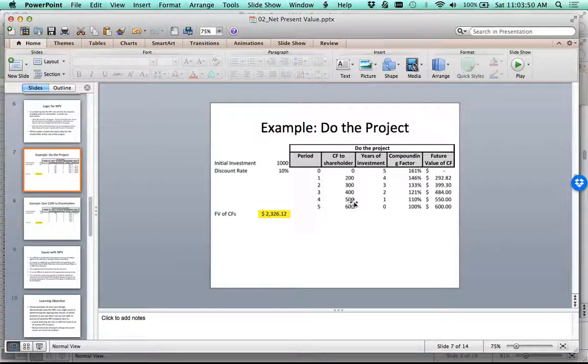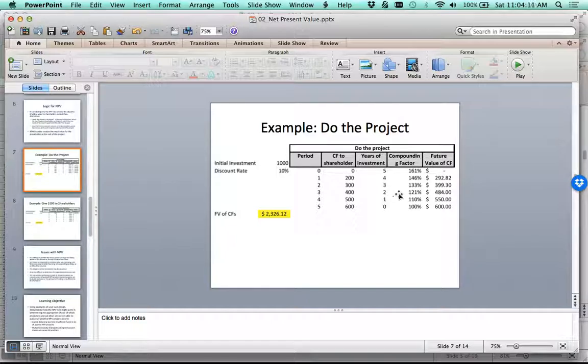Instead, they're getting this money. So they're going to get $200 at the end of year 1 that they can invest for 4 years. It's going to grow by 146%. It'll be worth $292.83. $300 at the end of year 2 that they're going to be able to invest from the end of year 2 to the end of year 5.